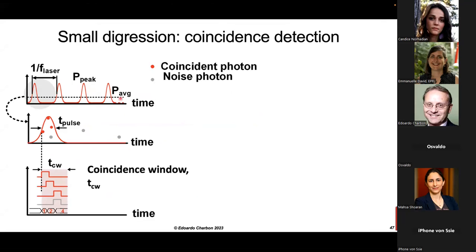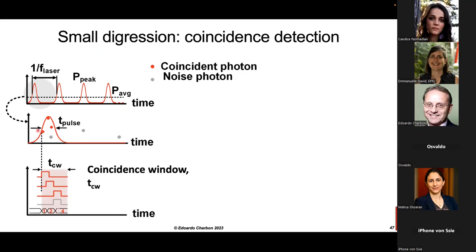Let me make a small digression related to coincidence detection. When you have a SPAD that is exposed to light, it is exposed to the laser light, but it's also exposed to background illumination. We know that when a laser is emitting light, it emits many photons.